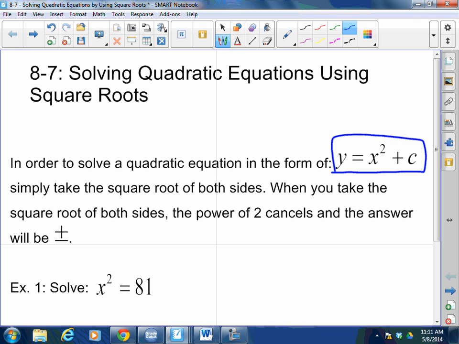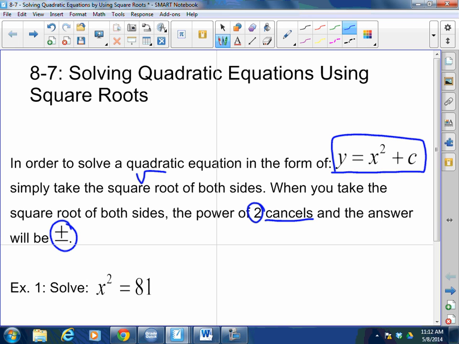In order to solve that, simply take the square root, that symbol right there, of both sides. When you take the square root of both sides, the power of 2, the exponent, cancels, and the answer will be in plus or minus.